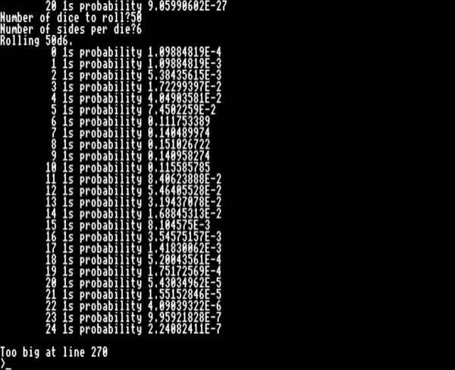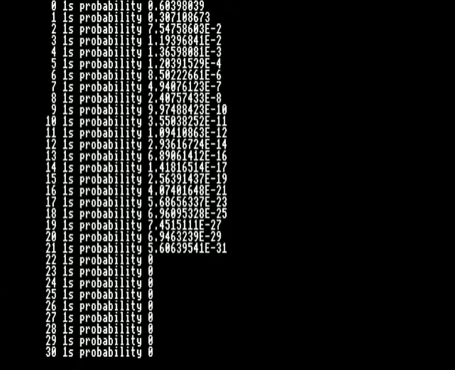The most likely result there is getting 8 1s with a probability of 15%. It's not quite symmetrical, but it's pretty close. You've got sort of a bell curve here, and it just tapers off. 21 you might get 10 to the minus 31. No, 5.6 times 10 to the minus 31. It's a very, very small number. These, negligible.